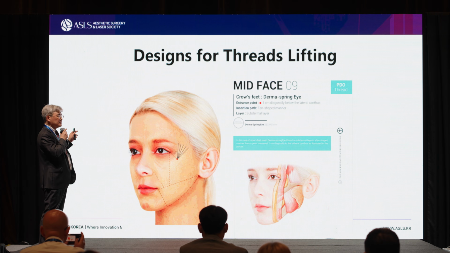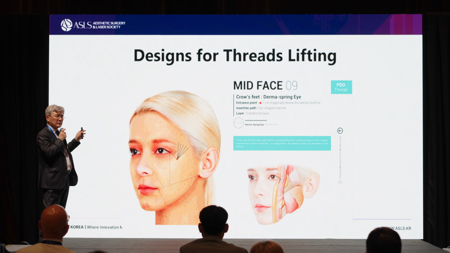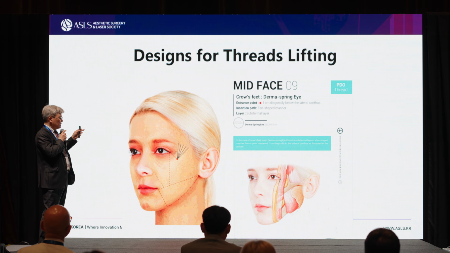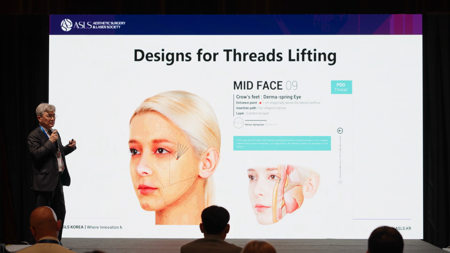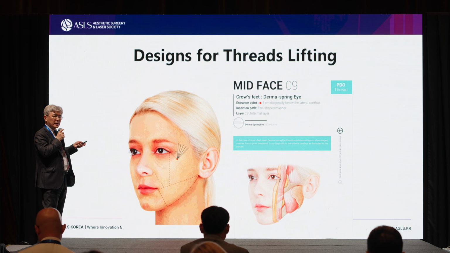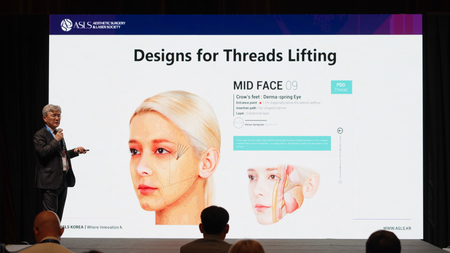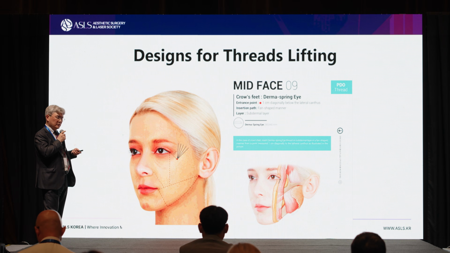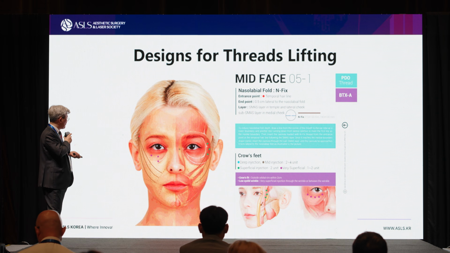In this case, I insert the PDO thread in the crow's feet area, and lift again about a 6 month interval. We can improve the fine wrinkles and reduce the contraction power in the crow's feet area.